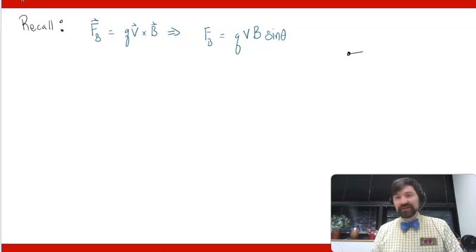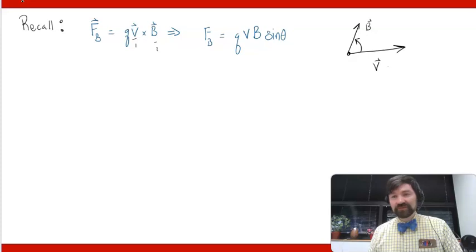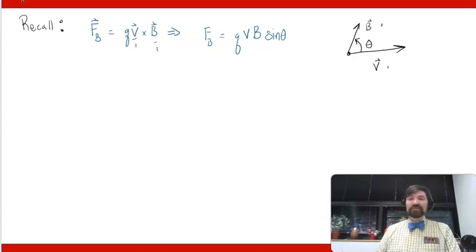So if I have a velocity vector in this direction and a magnetic field in this direction, then this angle, counterclockwise from the first to the second term in the cross product, is angle theta.